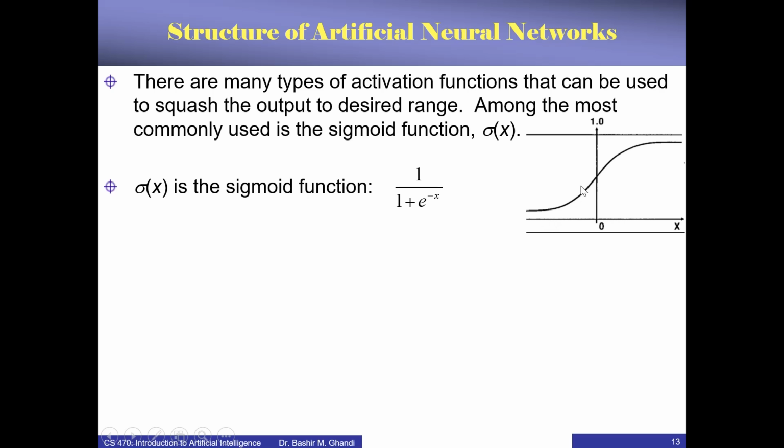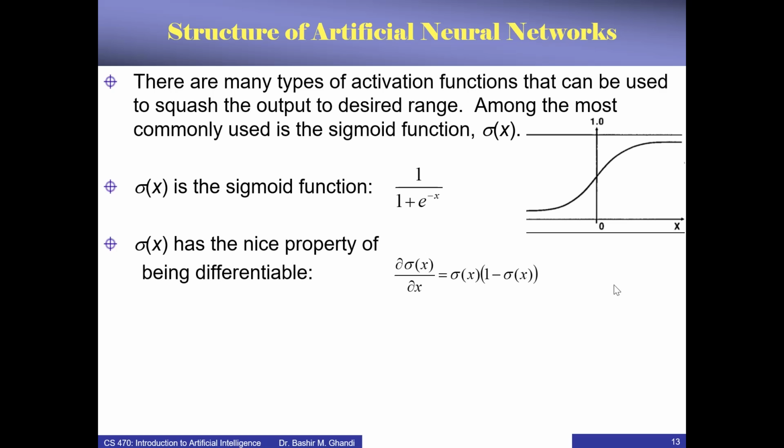Even if you give 100 million, you will get a value approaching 1 but never beyond 1. Similarly, if you give a negative value of x, you get a value close to 0. The smaller the value of x, the closer it is to 0, and the bigger the value of x, the closer it is to 1. This is what makes it very useful in neural networks.